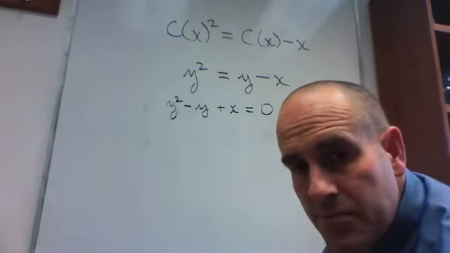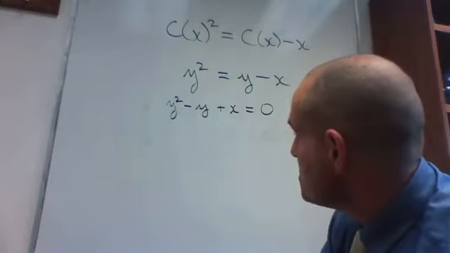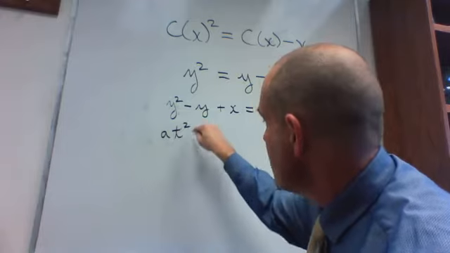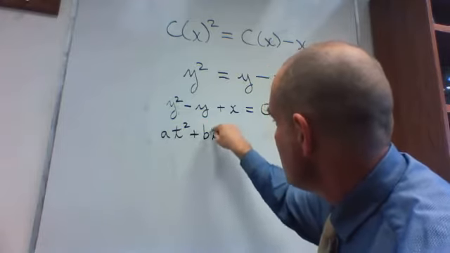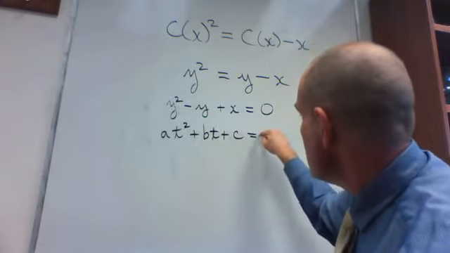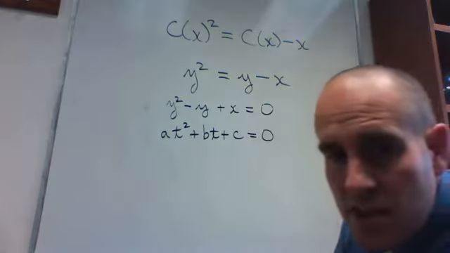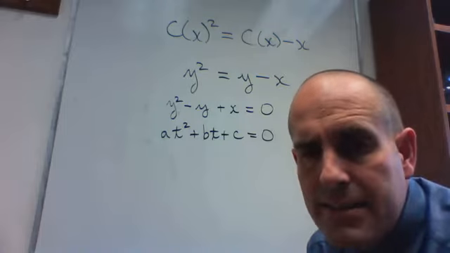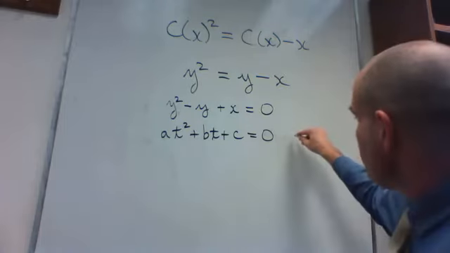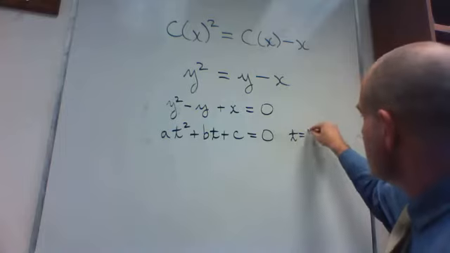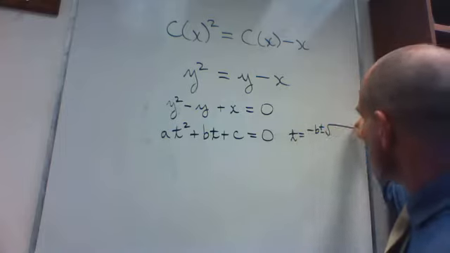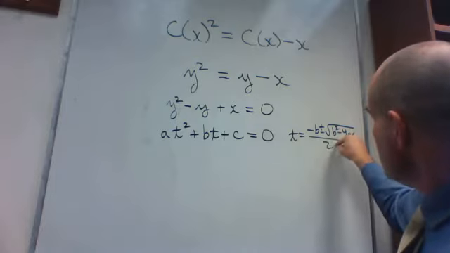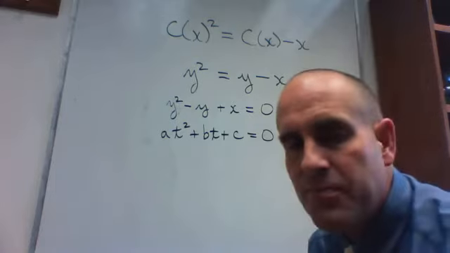All right? And what we do is we say, if this were like at squared plus bt plus c equals 0, I think I would know what to do. I would be able to solve for t, yeah? t would be negative b plus or minus the square root of b squared minus 4ac all over 2a.